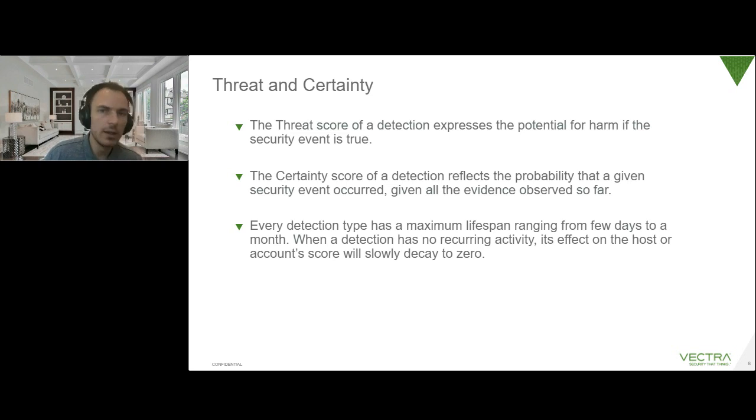With certainty, this is the probability and how certain we are. Apologies for using the word to define the actual term, but it's how certain we are of the behavior matching what we believe to be an attacker behavior.